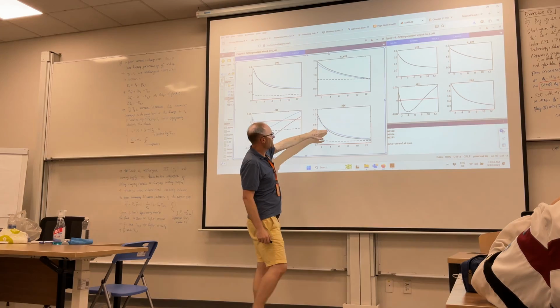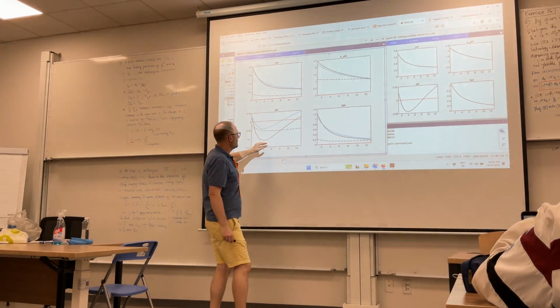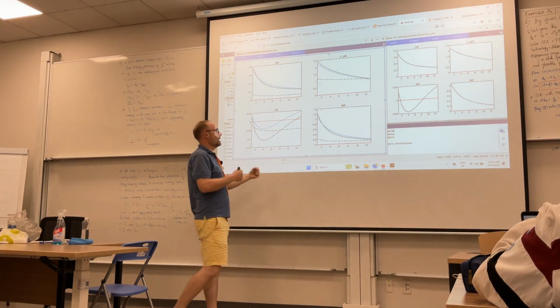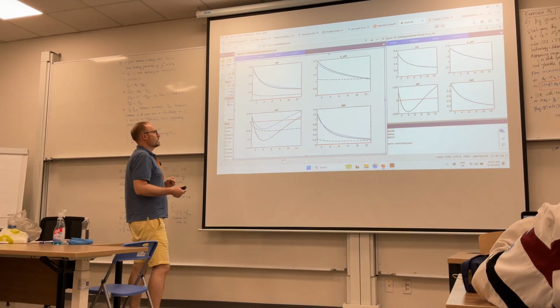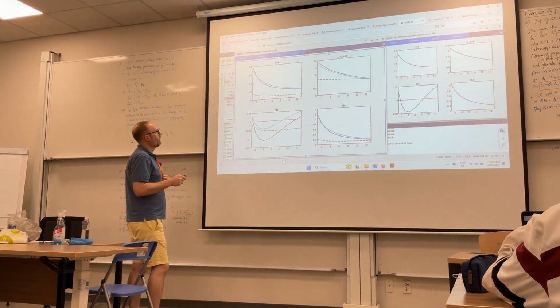So our household ends up working a little bit more later on. Why? As its consumption is higher relative to what it was before, this changes its labor-leisure trade-off. We see that the effect on labor is somewhat small. It's a little bit lower at the beginning, a little bit higher later on.